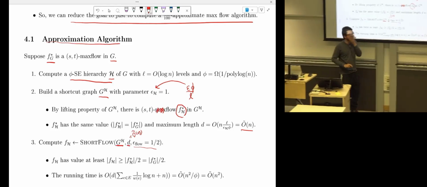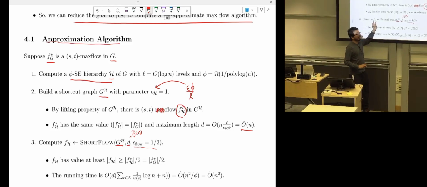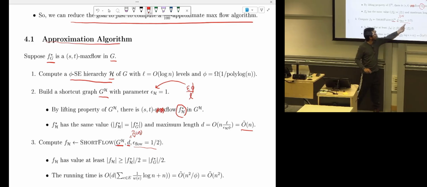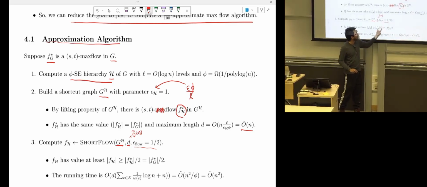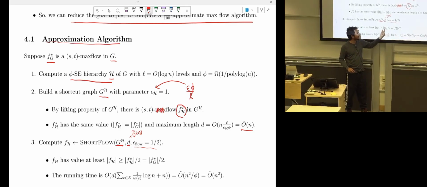I don't care too much. Let's say now I get this flow on the shortcut graph. So this flow will have value as big as f star h. Because I set epsilon here to be 1/2, this is this thing over 2, which is as big as the original value of max flow over 2.